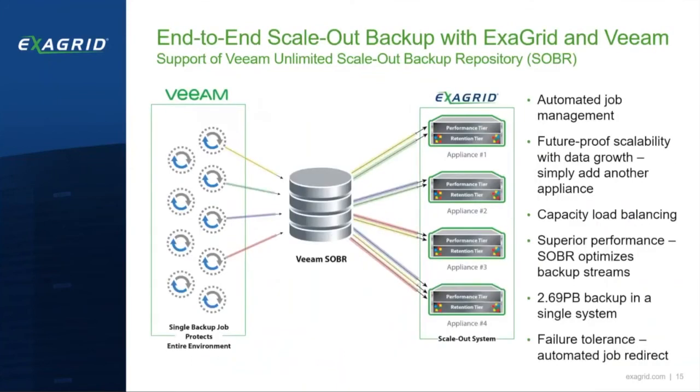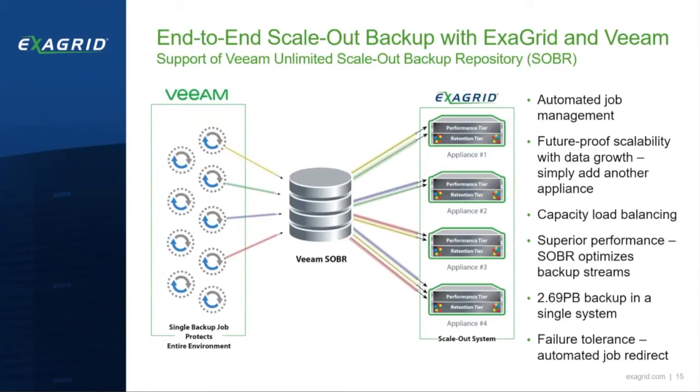I'll just move on to the next slide and explain how our scale-out architecture works very, very well with Veeam's scale-out backup repositories. So as I mentioned just earlier, we do have scale-out architecture with global deduplication. Veeam has scale-out backup repositories. So with an ExaGrid deployment of multiple appliances, you can quite simply configure a Veeam extent on each appliance, add it to Veeam SOBR, and then you get completely automated job management from Veeam's perspective.